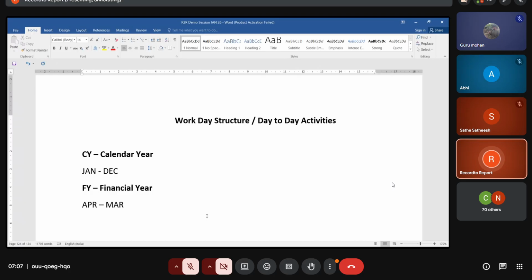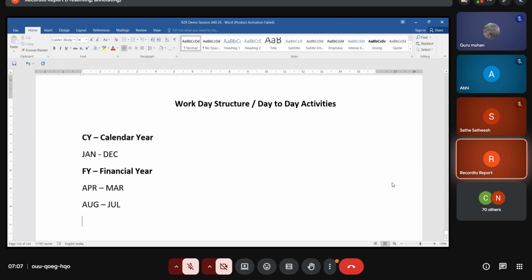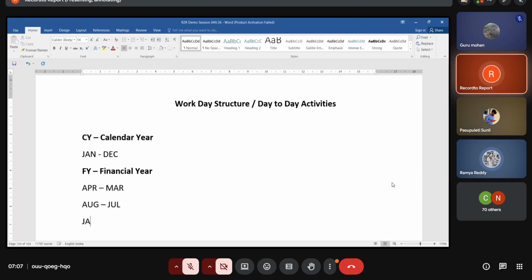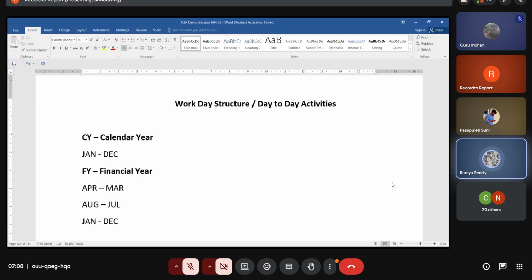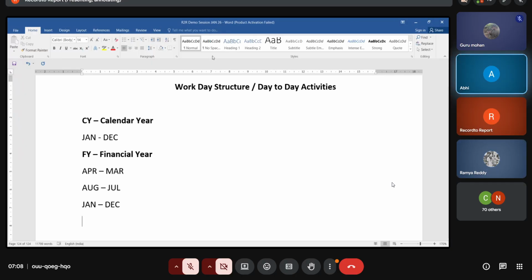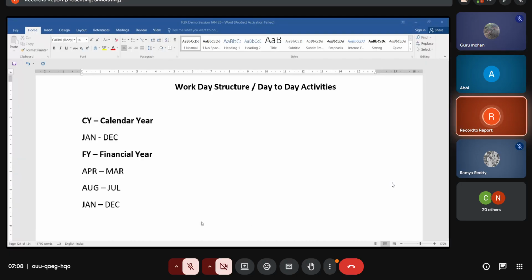If you go to US companies, they follow August to July. UK follows January to December. So in the entire world, it has been divided. Some countries follow April to March, that is Indian-based companies.